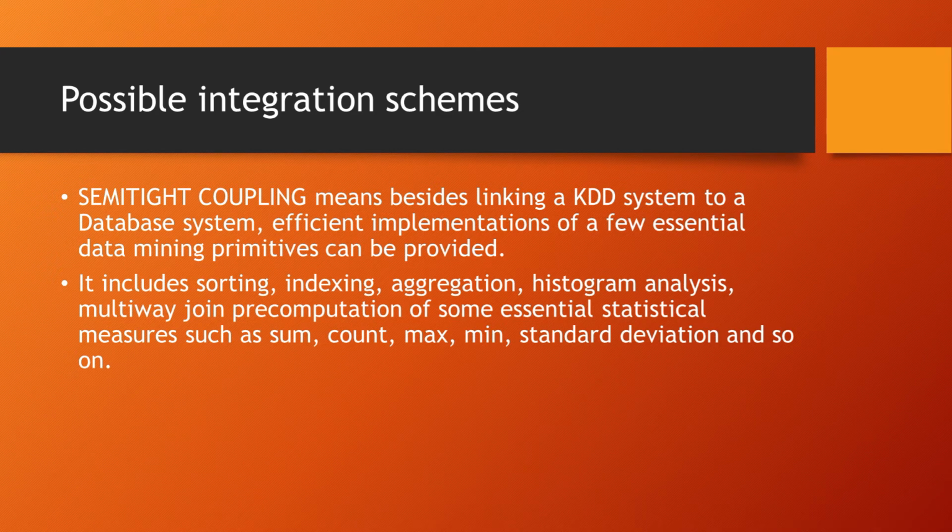Another one is the semi-tight coupling. It means that besides linking a knowledge discovery system to a database system, efficient implementation of a few essential data mining primitives is provided. These are identified by the analysis of frequently encountered data mining or extracting functions that can be provided in the database system.